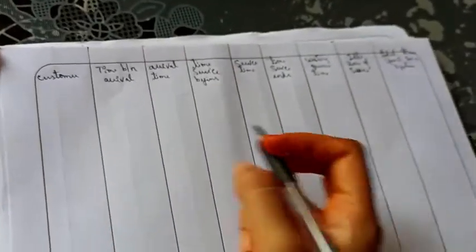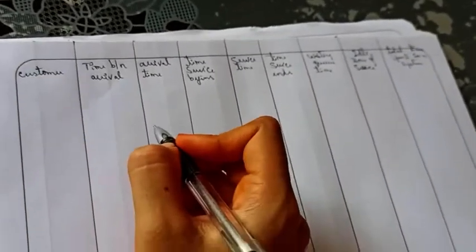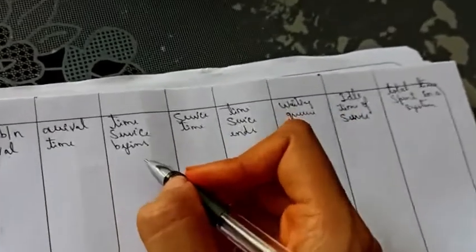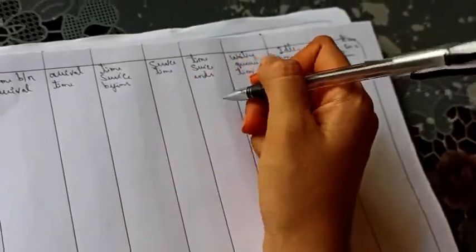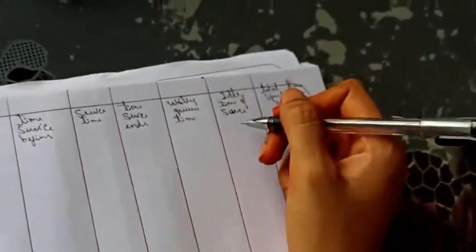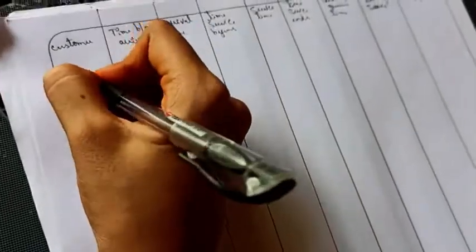There was a slight mistake in the previous table. I missed arrival time, so I've added it in the table. The table contents are customer, time between arrival, arrival time, time service begins, service time, time service ends, waiting time in queue, idle time of the server, and total time spent in the system. So we have 10 customers in total.